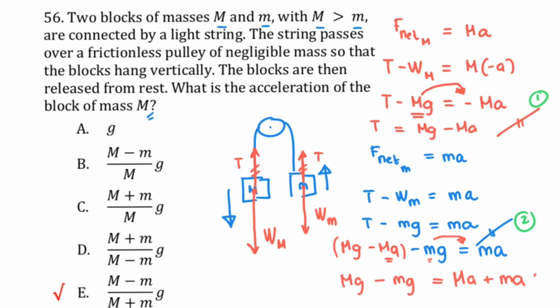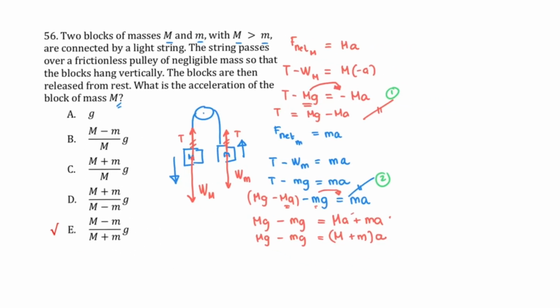Alright, and since I am interested in a, I am going to factor the right side of the equation, so that I'm going to have capital Mg minus small mg is equal to capital M plus small m, in parenthesis, a. We could now divide both sides by the term capital M plus small m, so that I will have capital Mg minus small mg over capital M plus small m is equal to a.